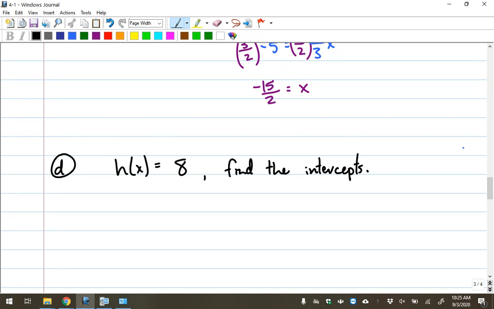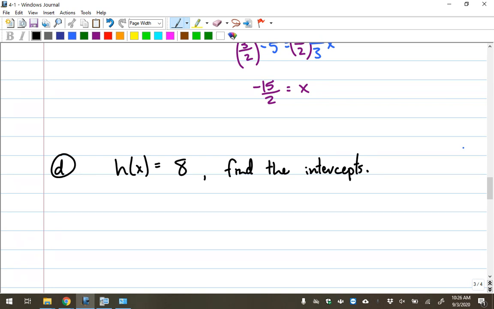No x on that 8, just the 8. What do we know about the graph of that? Anybody remember, without punching it in your calculator, what the graph looks like? Yeah, horizontal line at y equals 8.